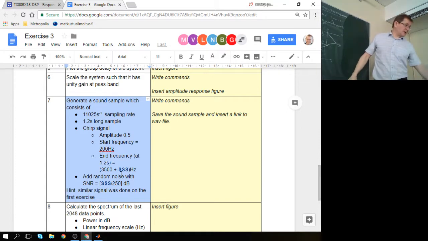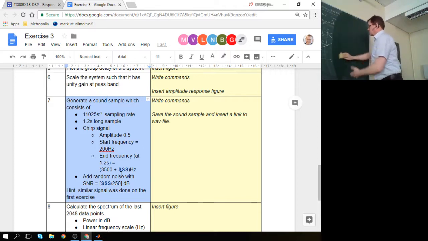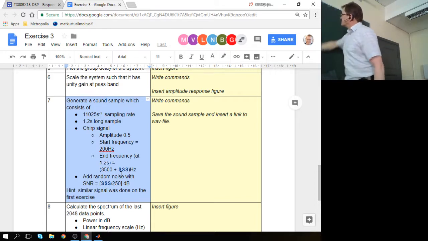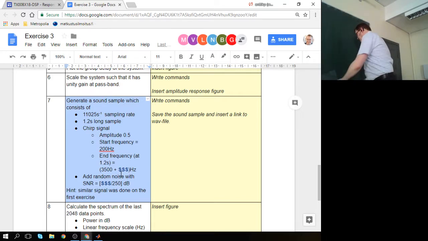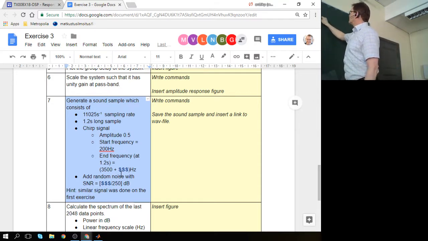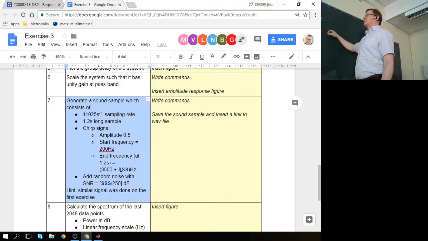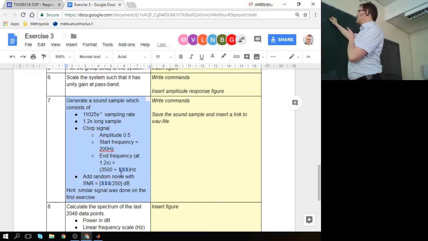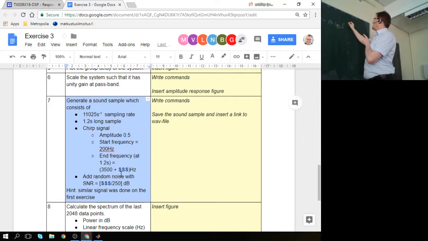And here we are again with signal to noise ratio. If there is a signal to noise ratio given, that is the same as 10 times log of the power of signal divided by power of noise.